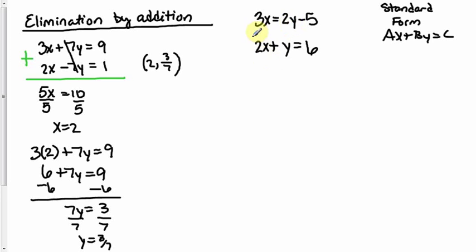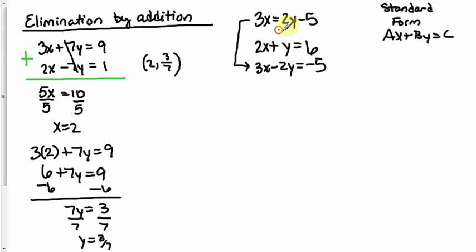So I'm going to get 3x minus 2y equals negative 5. What did I do to get that?